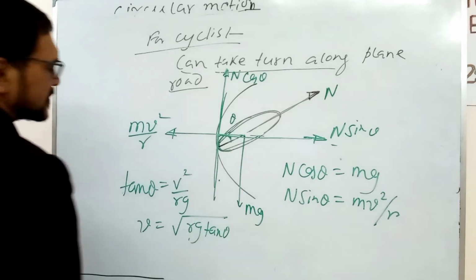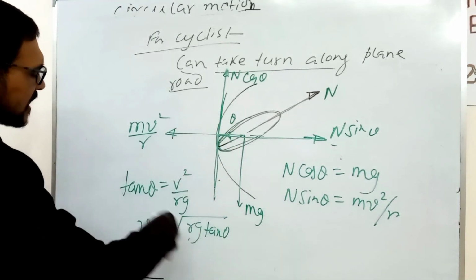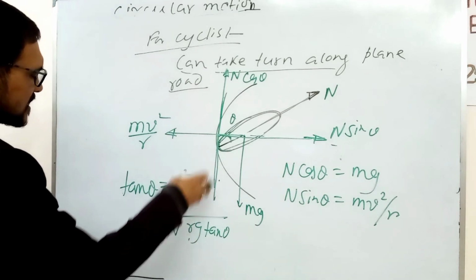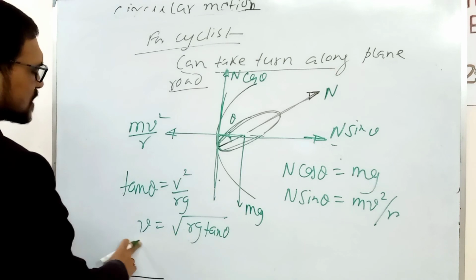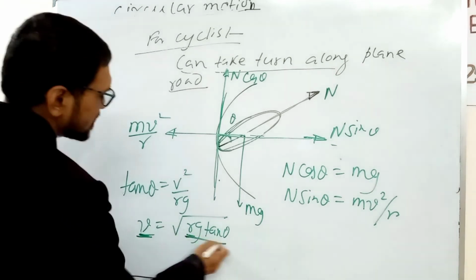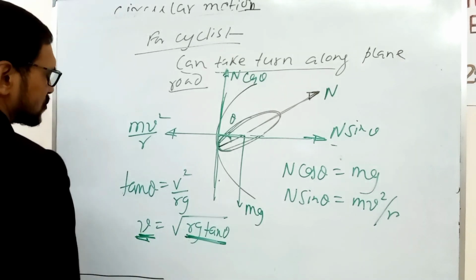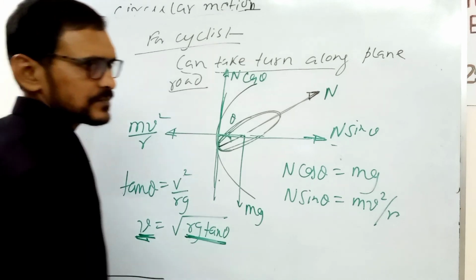Okay, if you want to turn with more velocity, then the radius of the circular turn must be more, because this should be balanced by this. So v is more means r is more, v is less means r is less.